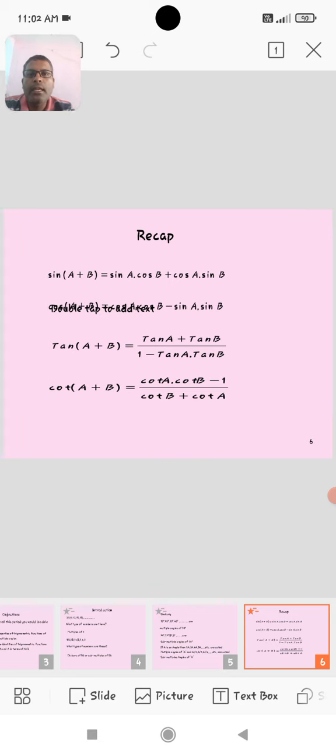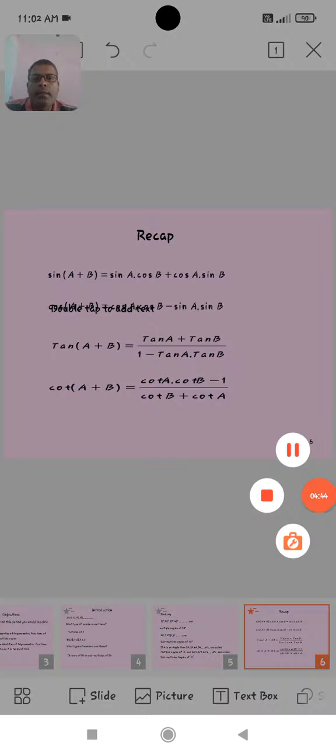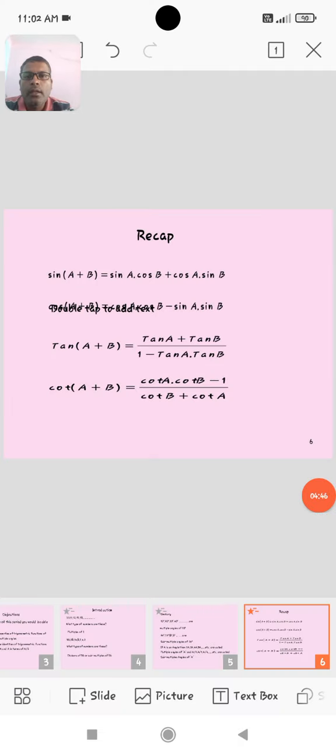Now we see the recap of the last class. We know that sin of A plus B is equal to sin A cos B plus cos A sin B, and also cos of A plus B is equal to cos A cos B minus sin A sin B. Already we know these formulas from last class.